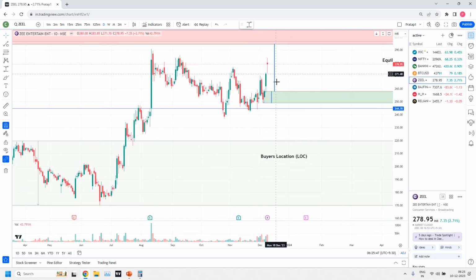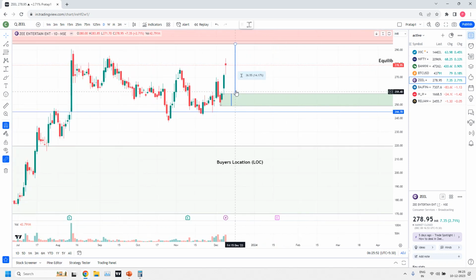So we have 1:4 risk reward. That means for every one risk, you have 4 rewards. It's not that you lose 1 rupee; you have a potential loss of 1 rupee and a potential profit of 4 rupees. That is what you have to understand.